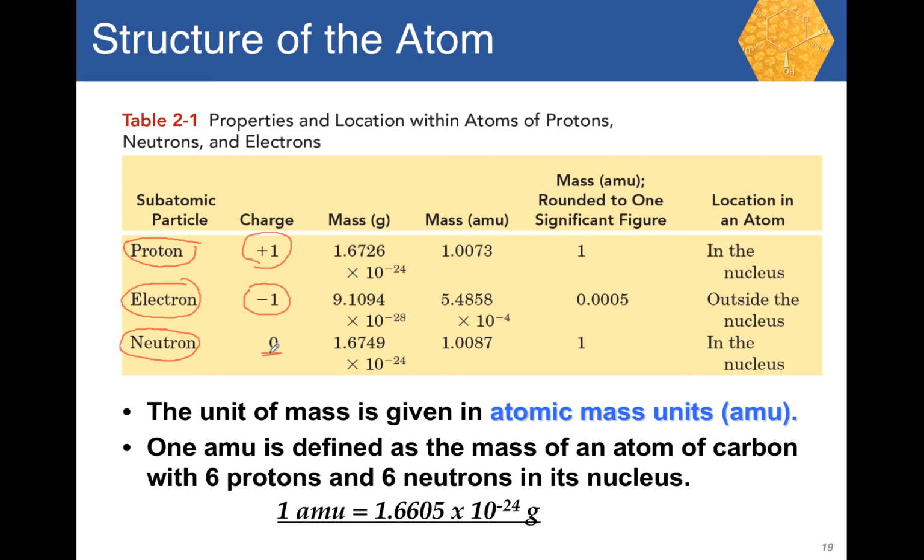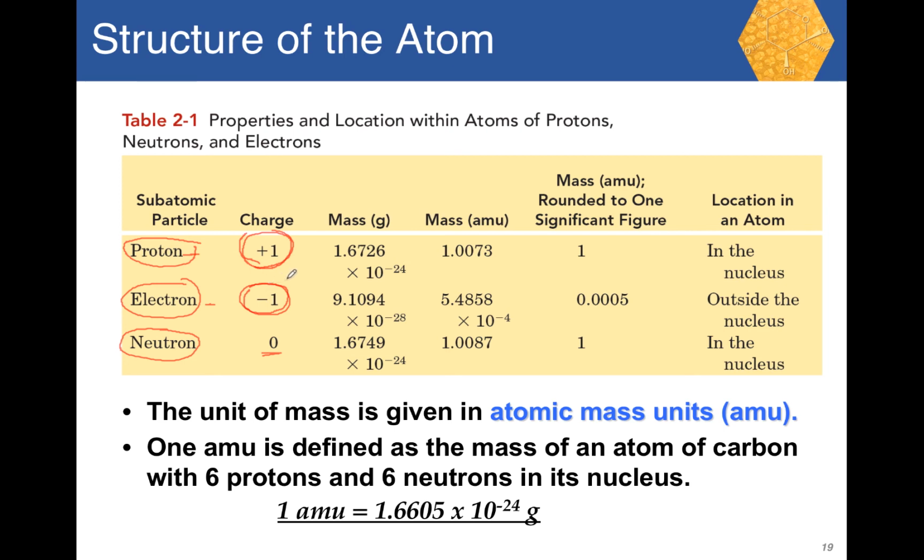That is why the elements are neutral, because they consist of protons, which are positively charged, and electrons with a negative charge, and they cancel each other out. So you can assume at this point that an atom will have the same number of protons as electrons, because atoms are neutral. They're not charged.